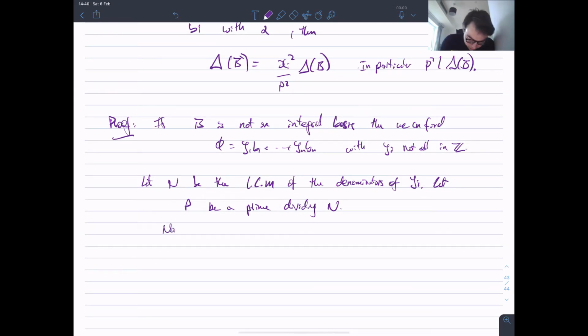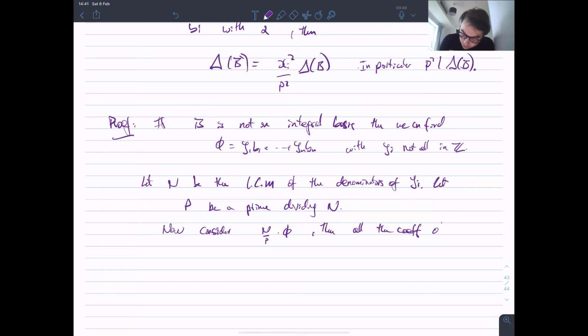Now consider the following multiple: n over p. I take this number, n over p, and I multiply it by my original phi.